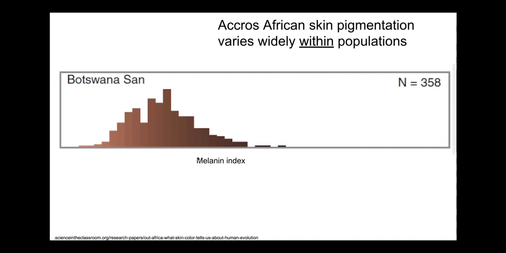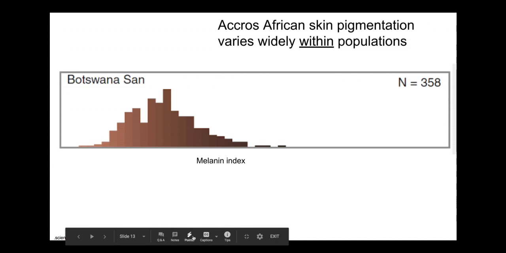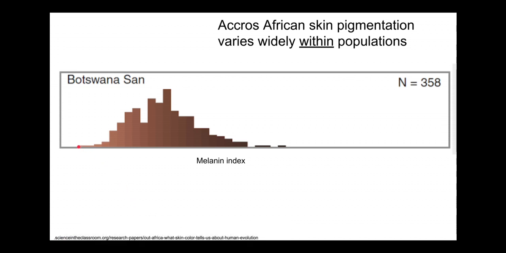On the x-axis here is the melanin index. They used a photometric device that measured how much light was absorbed by the skin, and they converted this to how much melanin was in the skin. The size of this peak indicates the most common values, but there's wide variability within this one ethnic group in Botswana in how pigmented their skins were.